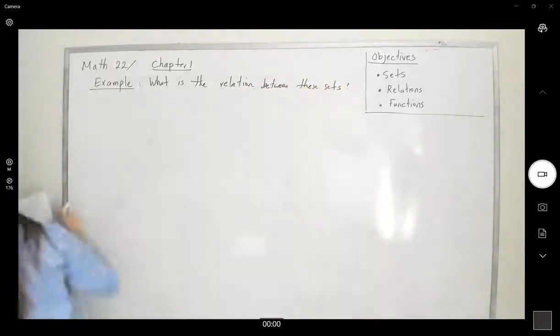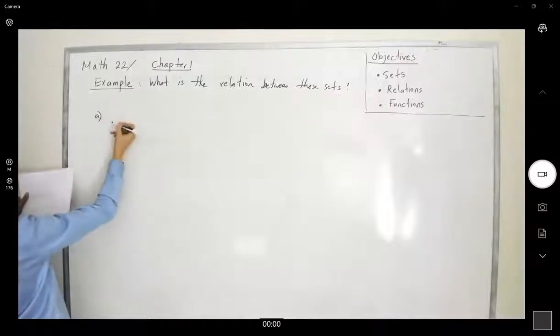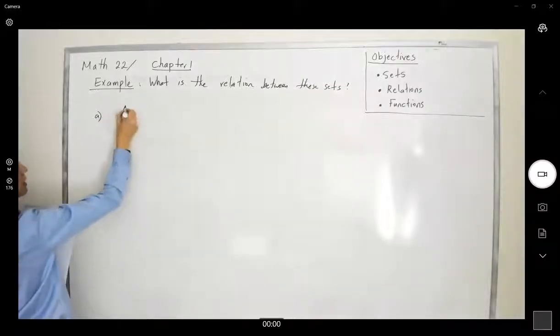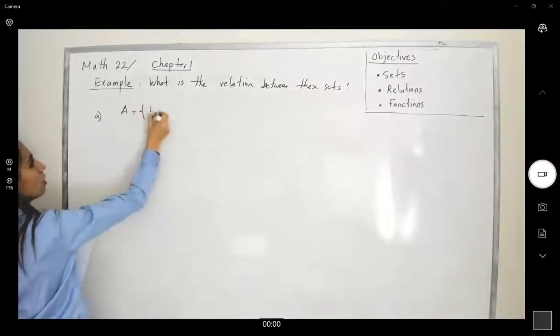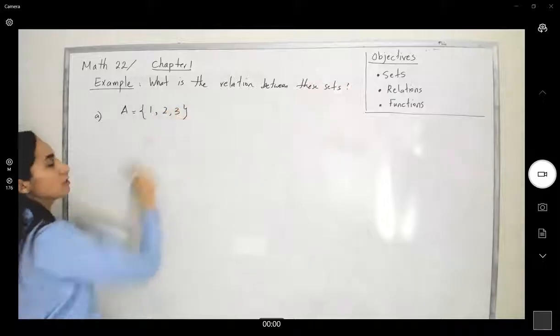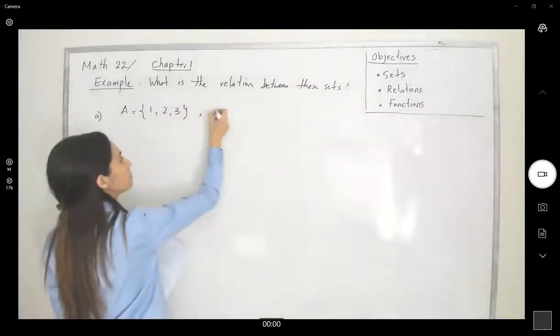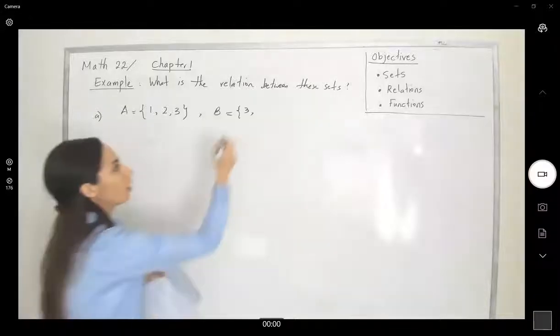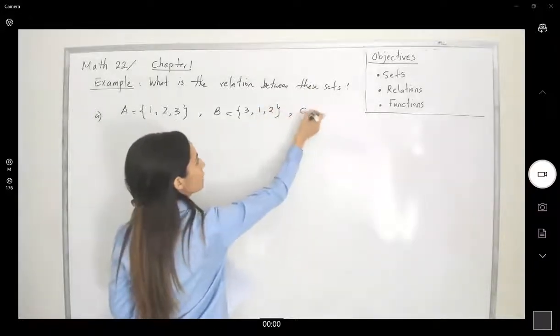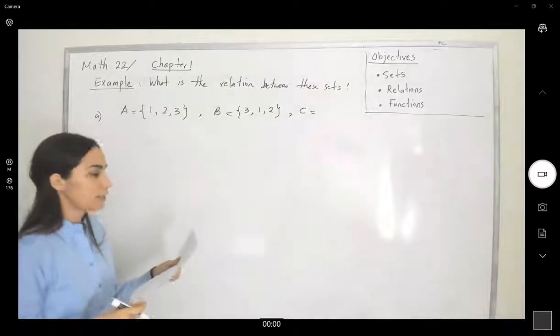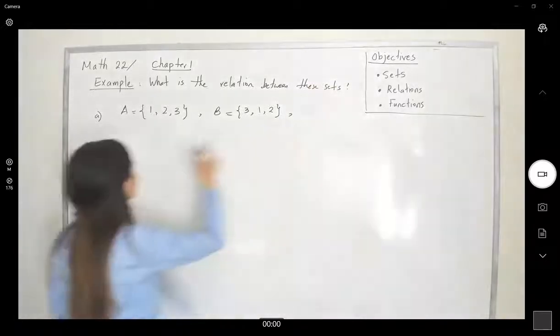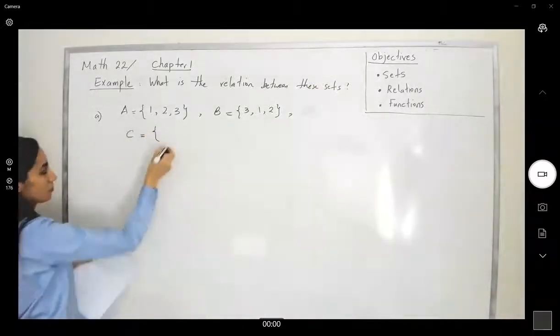So the first set in part A is a set including 1, 2, 3 elements. B is 3, 1, 2. And C is given as, let me write down C here, we need a little bit more space.